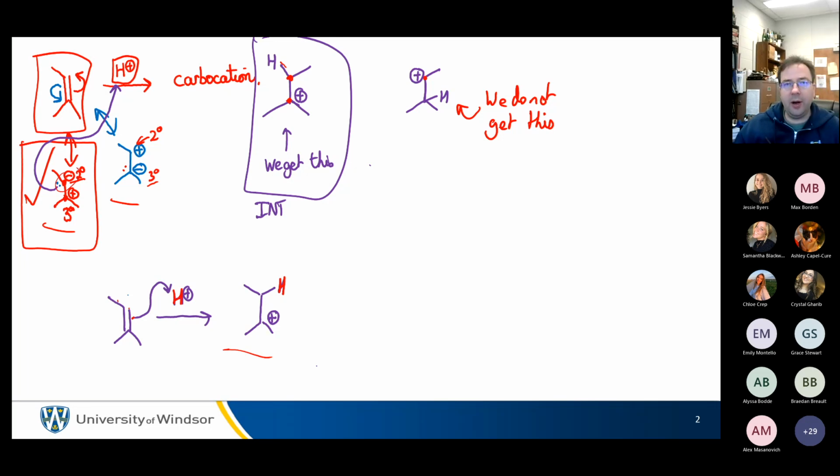This has kind of got the lone pair, and it can attack the hydrogen. If anyone's got the lone pair, it's that carbon that's got the lone pair.